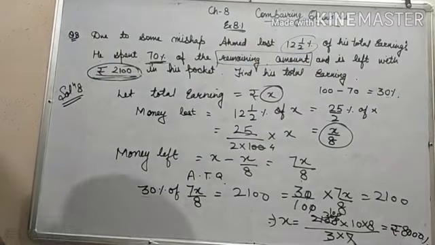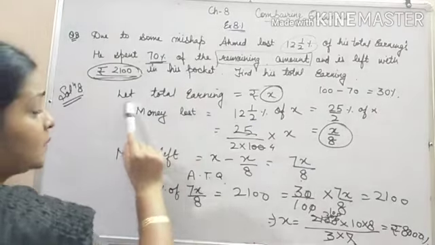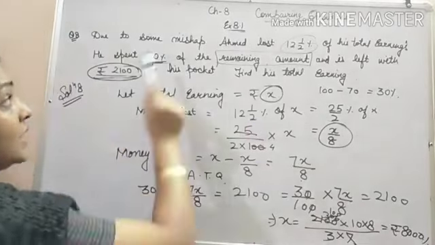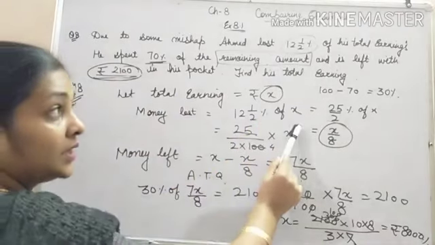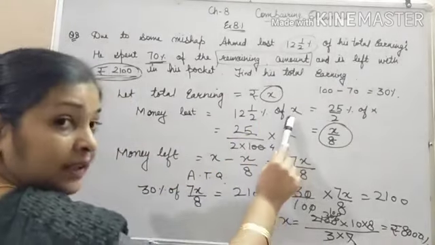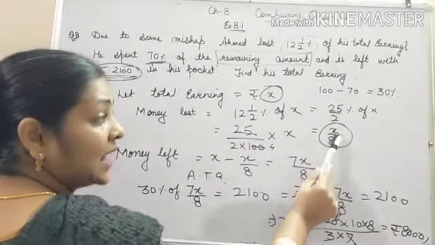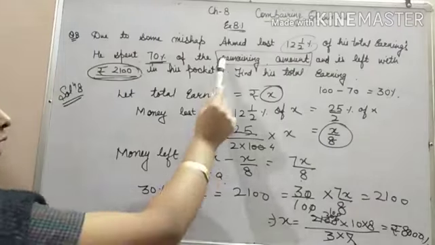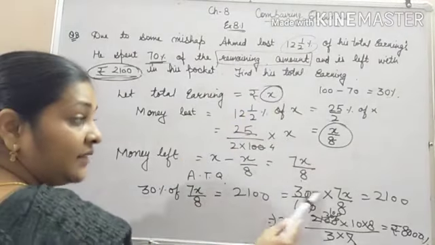How have we done it? Let me rewind it. First of all, we suppose that total earning is rupees X. How much money was lost? 12 1/2% of his total earning. His total earning was X. Now I solve it and we get the value X by 8. Now we find the remaining amount. Money left: X minus X by 8, 7X by 8.